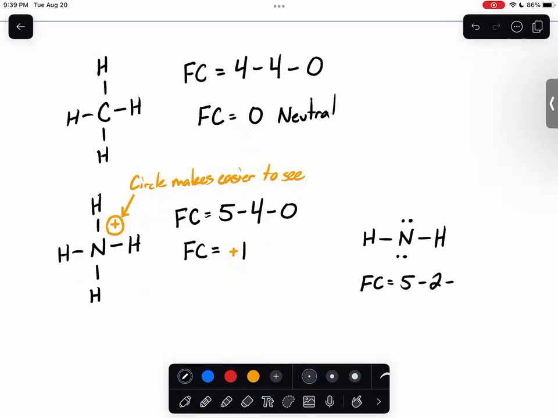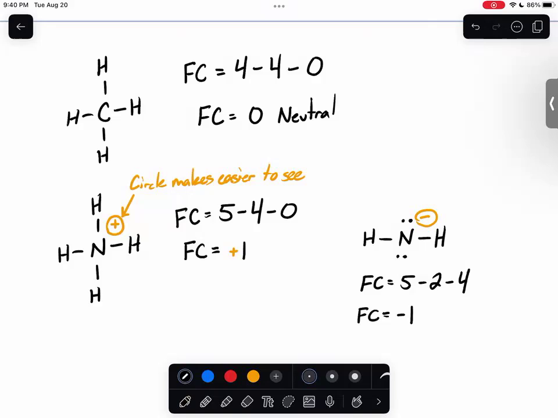And then we see there are 4 total unpaired electrons on the nitrogen. So this time our formal charge is equal to 5 minus 2, which is 3, minus 4, which comes out to negative 1. And so this nitrogen is negatively charged, right? So very simply, based on how many bonds an atom has, you can actually determine what its formal charge is.